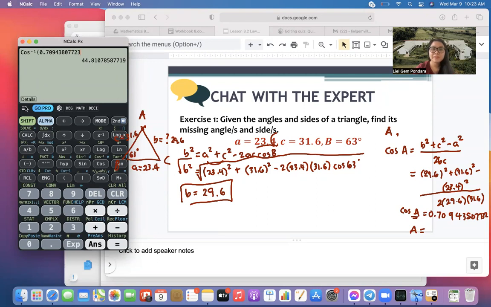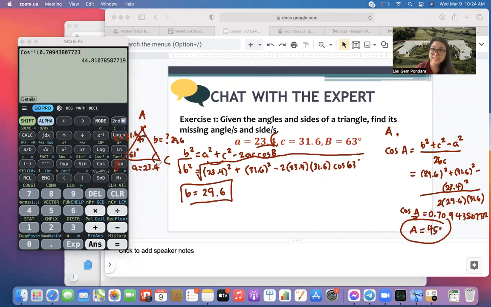There. The answer is 44.81. But if you check with our given, we only have it in whole number. Therefore, we'll also write our answer for angles in whole number. We have that as 45 degrees. So A is 45 degrees.